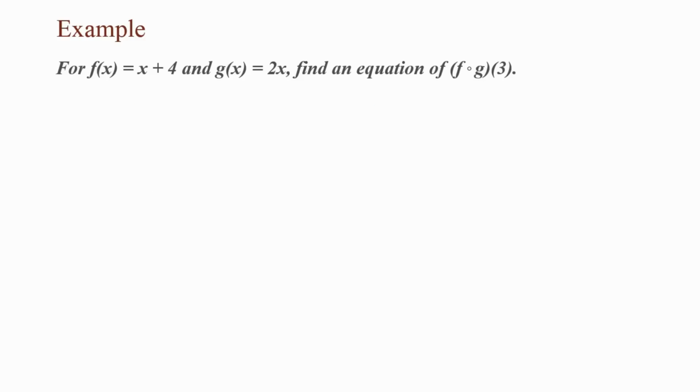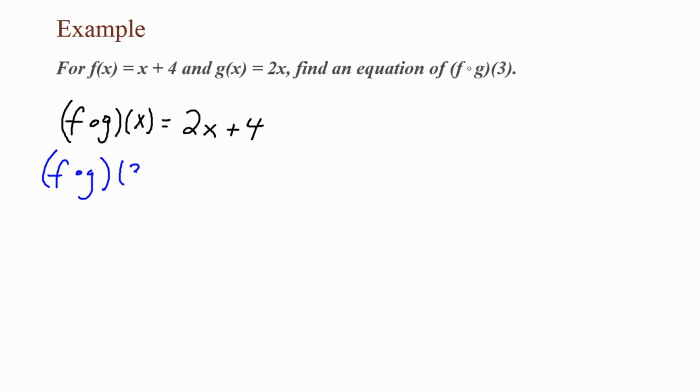For this example, for f of x equals x plus 4 and g of x equals 2x, find the equation of f of g of 3. f of g of x is equal to 2x plus 4 from our previous example. What we want to do is just replace my x with a 3.